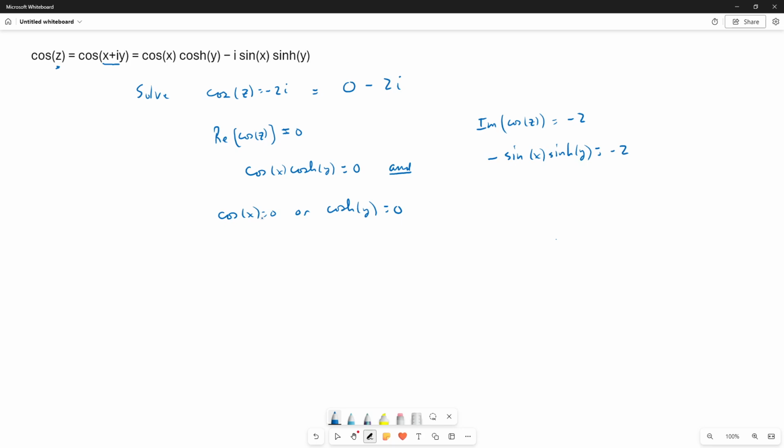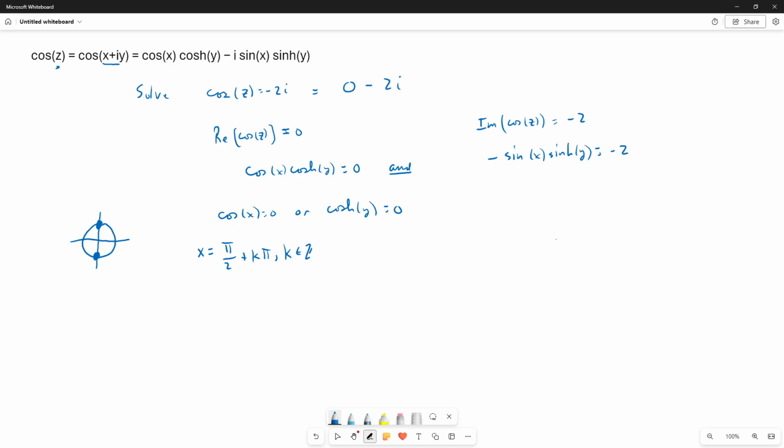Now the cosine of x is equal to 0. On the unit circle, the cosine is 0 at the top and the bottom. That's pi over 2, and negative pi over 2 is one way to look at it. But we want to consider all of the infinitely many solutions. So x is equal to pi over 2 plus k pi, where k is an integer.